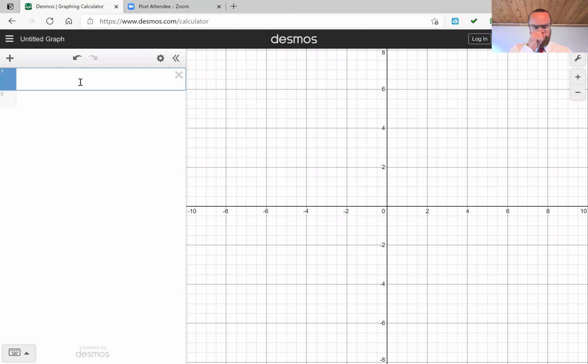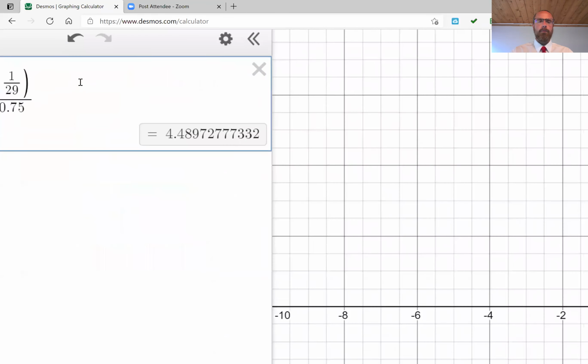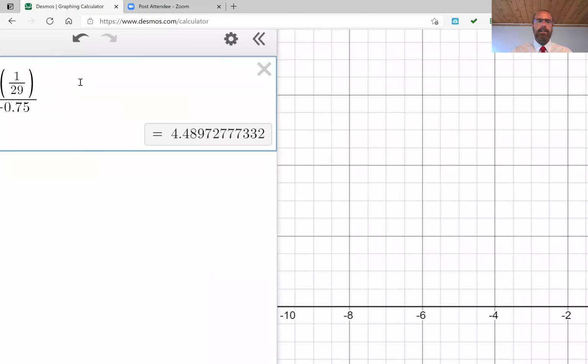Here on Desmos, I am going to type it in exactly as we wrote it: natural log of 1 over 29, all divided by negative 0.75. And that's giving me a value of about, if I take it to the thousandths, 4.490.